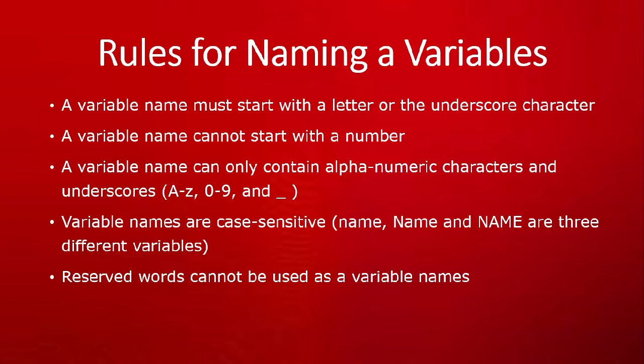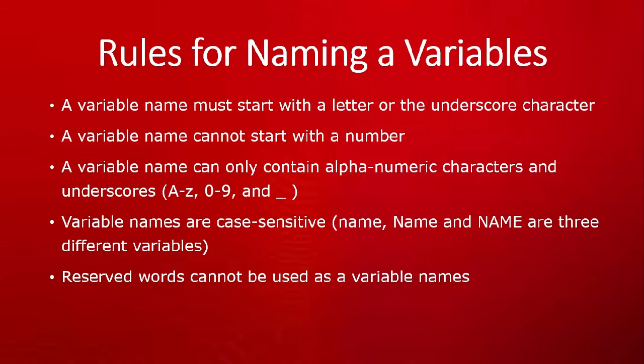A variable must start with a letter or an underscore, and it cannot start with a number. It must be alphanumeric characters and underscore, meaning A to Z, 0 to 9 and underscore. And one more thing is, variables are case sensitive.